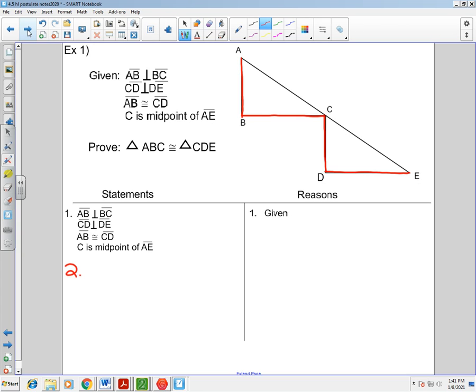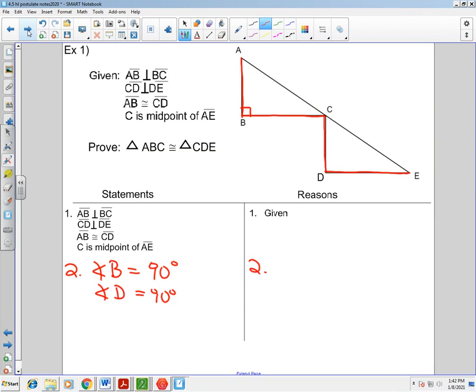So step number 2. Because AB is perpendicular to BC, I can say the measure of angle B equals 90. I can put a right angle here, and I can also say angle D is also equal to 90.